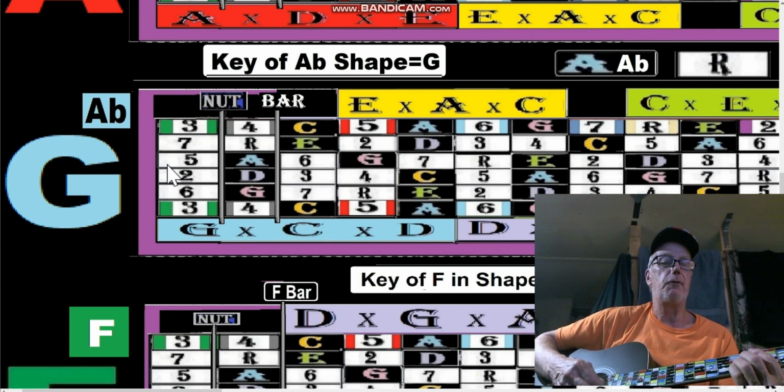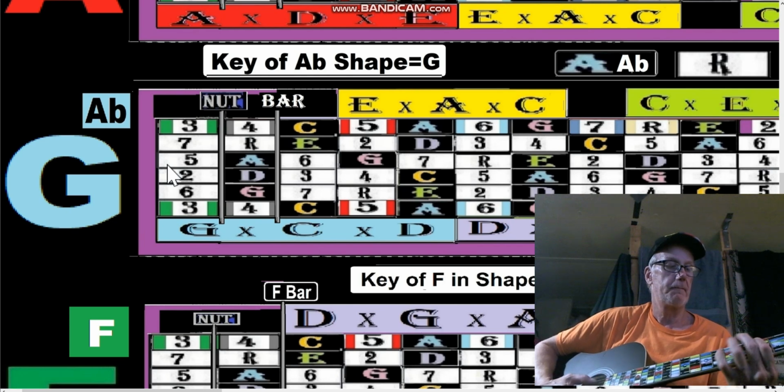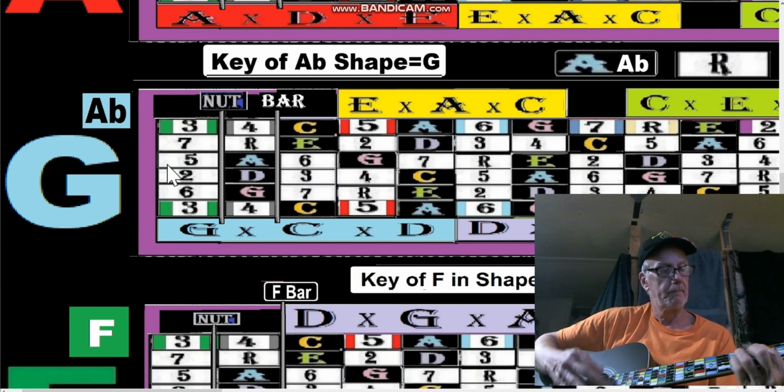Now when you go to the 4th and you want to do a pentatonic, make sure you do the pentatonic of that shape. But you can do the diatonic of the E shape.